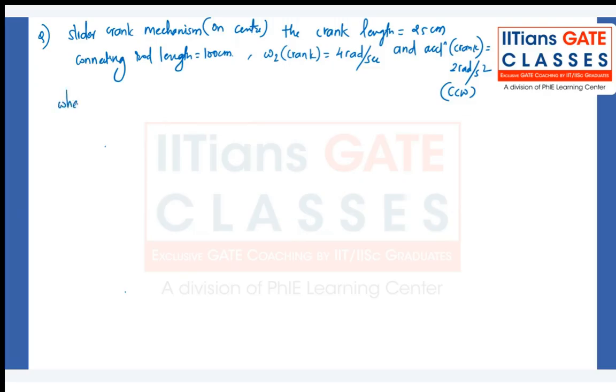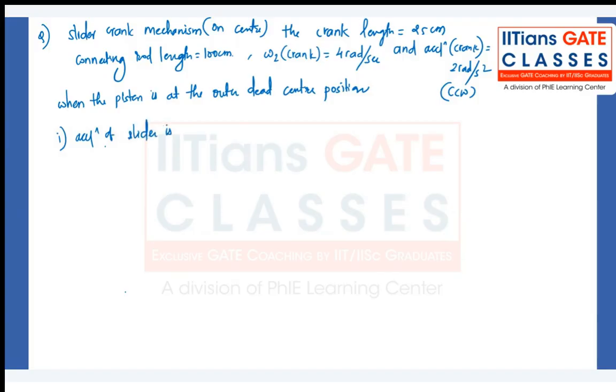Question is, when the piston is at the outer dead center position, first question, acceleration of slider is, and the second question is angular acceleration of the connecting rod is.